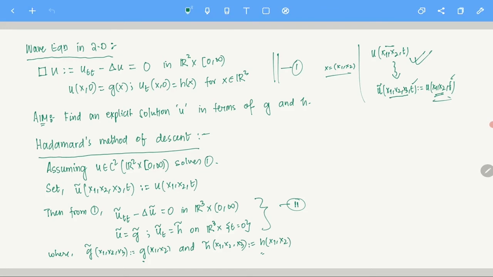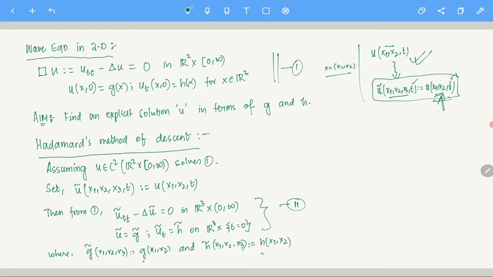For the two-dimensional wave equation, we define a new three-dimensional function, for a fixed time, defined by this two-dimensional u. This of course assumes that there is a solution u. How do you know there is a solution? That is the Cauchy-Kovalevsky theorem, but we are not going to delve into that for now.